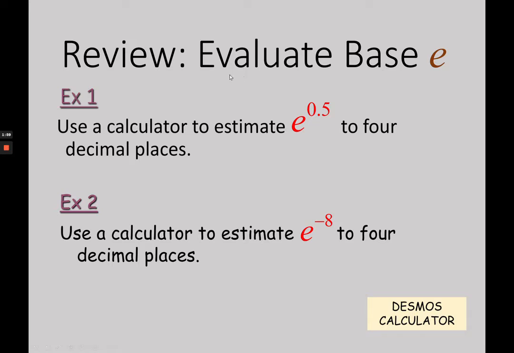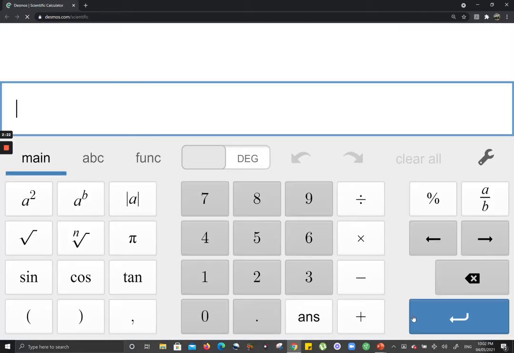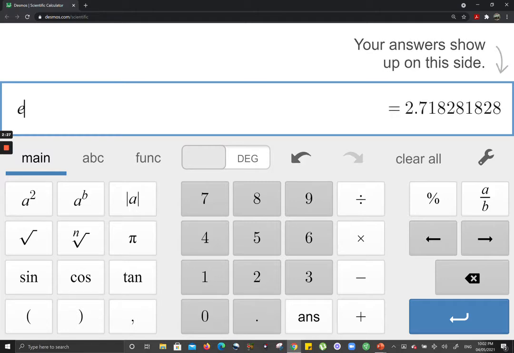First part of the review is evaluating your base e. It says here, use a calculator to estimate e raised to 0.5 to 4 decimal places. E to the power of 0.5. So let me show you. Amazingly, the Desmos calculator is very smart. If you type e, it actually gives you right away the value of Euler's constant.